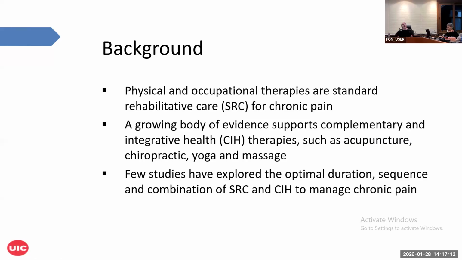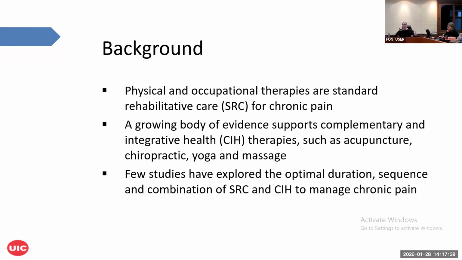So a little bit of background is that physical and occupational therapies are really standard rehabilitative care for chronic pain, especially because lower back pain is one of the most common musculoskeletal chronic pains that we deal with.